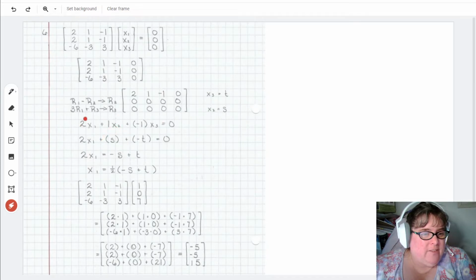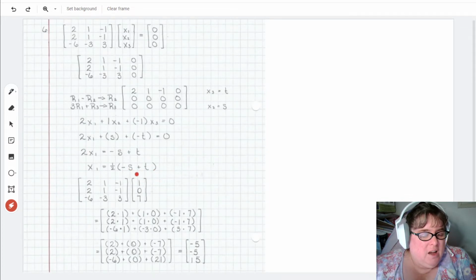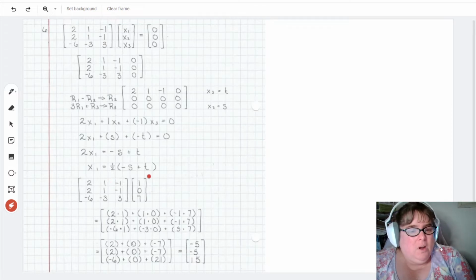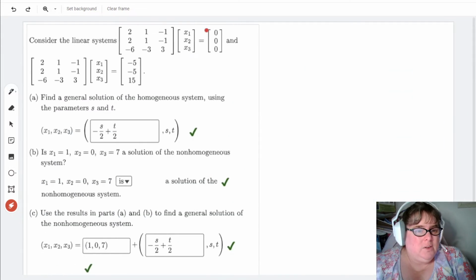You'll see we have 2 times x1 plus 1 times x2 plus a negative 1 times x3 equal to 0. If we plug in our numbers, we end up solving for x1 is equal to 1/2 of negative s plus t. That is our solution here.